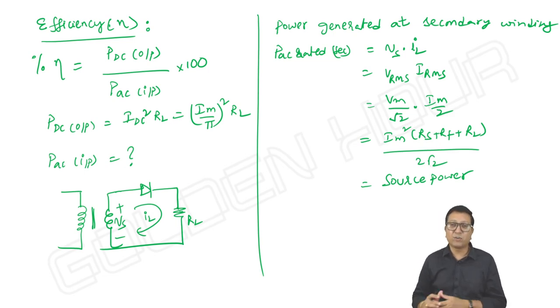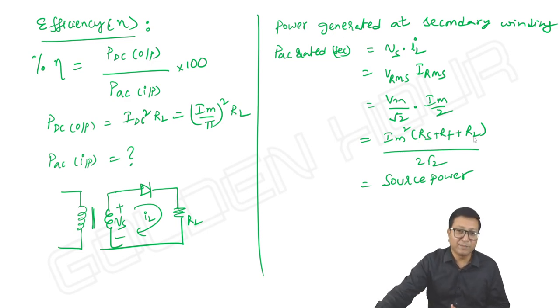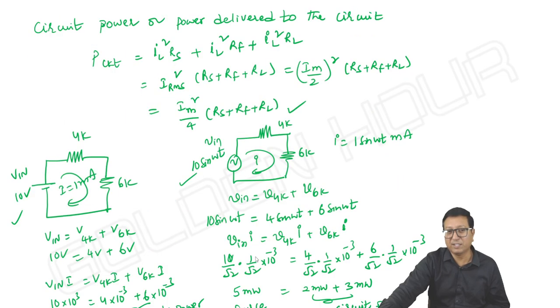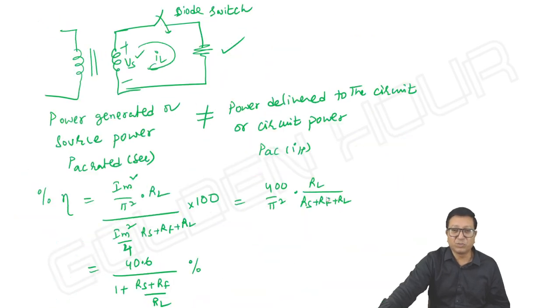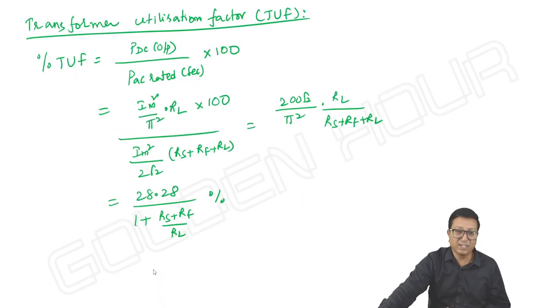Meaningless. Circuit power is less than or equal to source power. So the numerator remains the same while calculating the efficiency. If you use the circuit power, it definitely gives a value greater than the value you get with the source power in the denominator. So this is the idea.